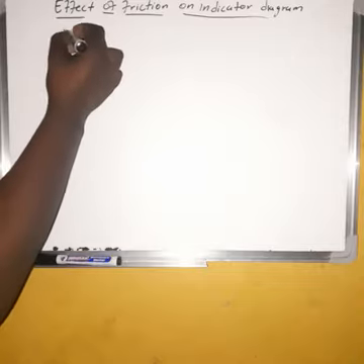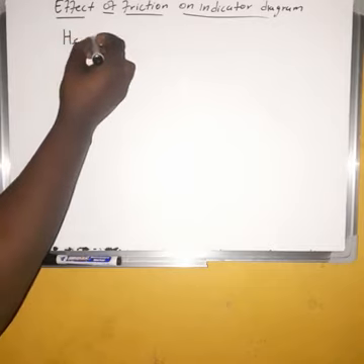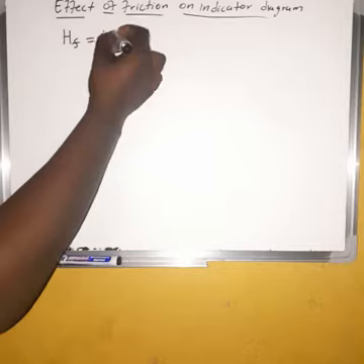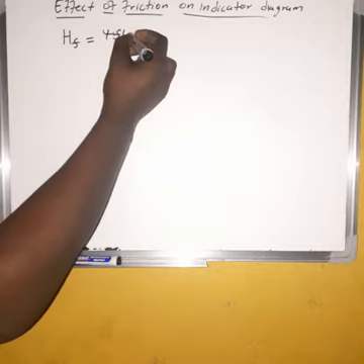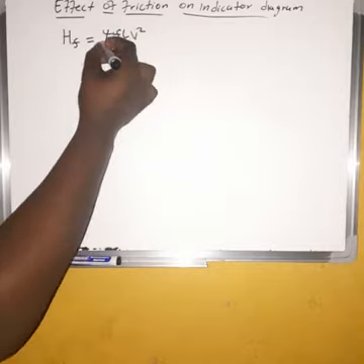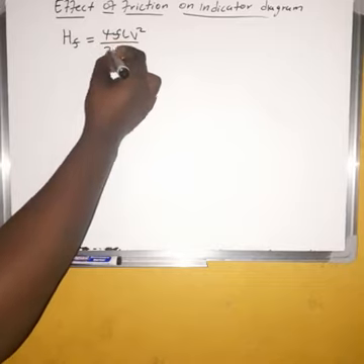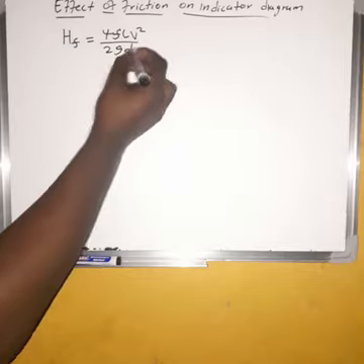Remember the friction head, HF, is equal to 4FLV squared over 2GD.